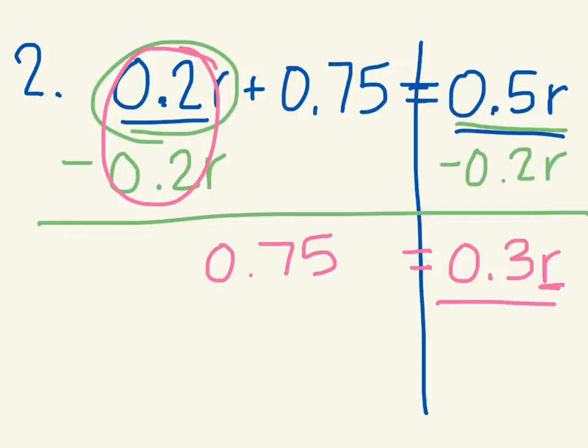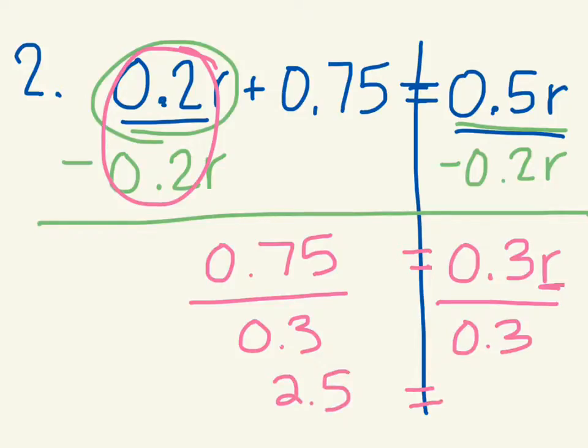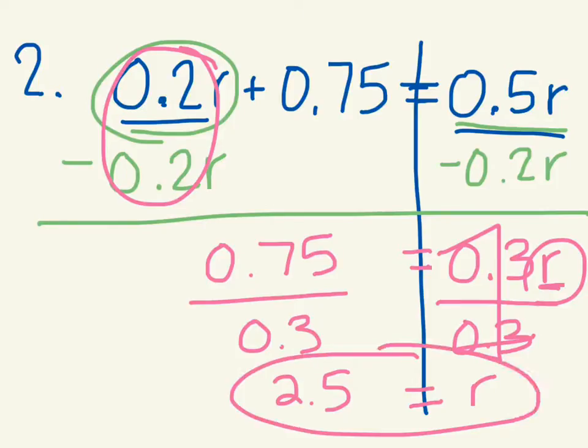We need to divide it into 0.3 teams to cancel it out, okay? And what I do to one side, I have to do to the other side. So when I do 0.75 divided by 0.3, I get 2.5. And over here, 0.3 over 0.3, that made a 1, canceled out, but I'm still left with my r. So 2.5 equals r.